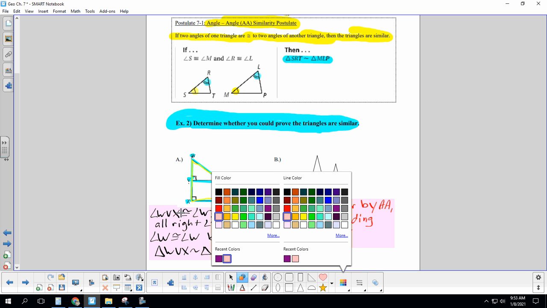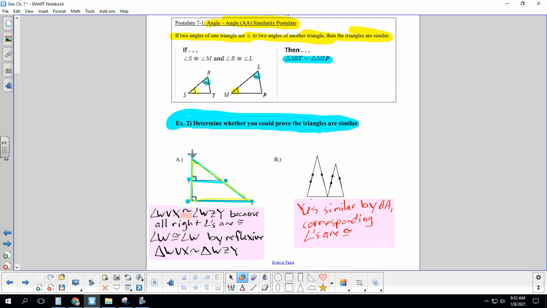There we go. WVX and WZY are similar because all right angles are congruent, and check out this little guy on the top, they share W. So because they share W, W is congruent to angle W by the reflexive property. So WVX is similar to WZY.